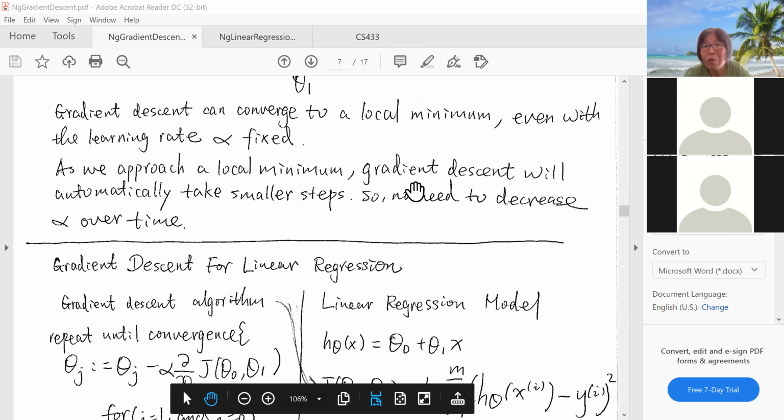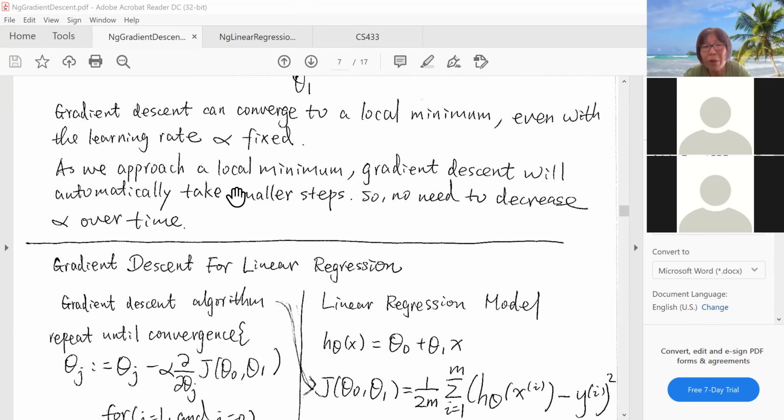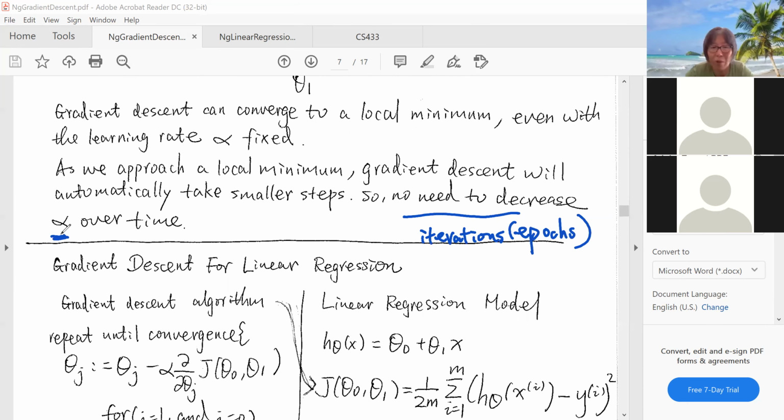We also don't need to worry, because as we approach a local minimum, the gradient descent will automatically take smaller steps. So when we do the number of iterations, which we call epochs, there is no need to change the learning rate. Keep this in mind.